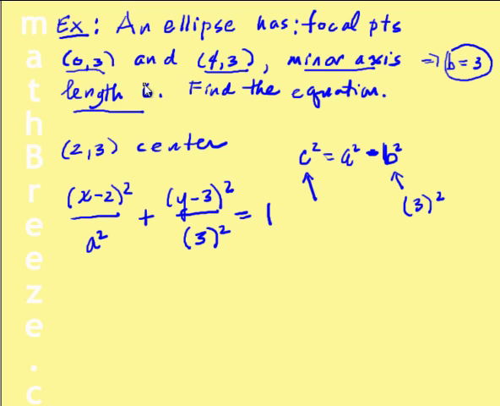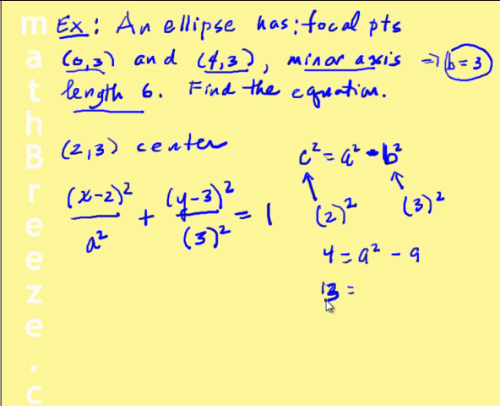So (2, 3) is in between these two focal points, and this one is 2 to the right, and this one is 2 to the left. So c is 2. Again, we get that from these two focal points. It's basically the distance between these two focal points cut in half. So here we have this equation, 4 equals a squared minus 9.